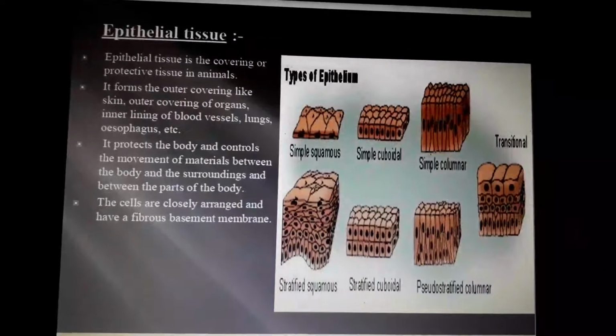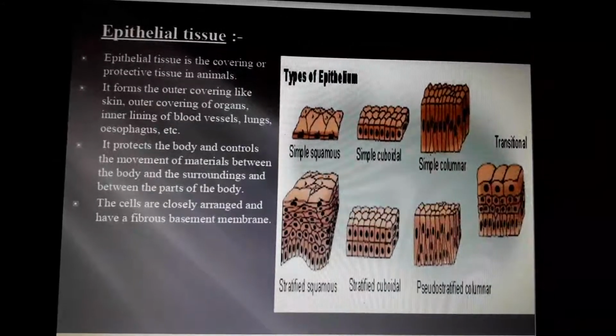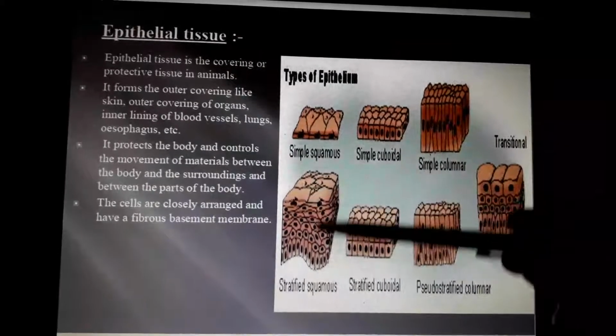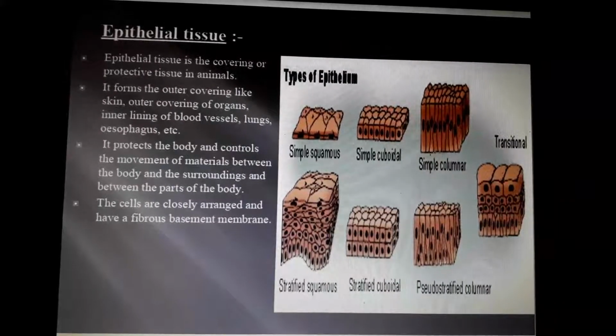Simple squamous is present in our mouth, blood vessels, esophagus, lungs, etc. But the skin which we have on our body, that particular skin tissue is stratified squamous. That's why the strength is there for our skin. It is easy to scratch our mouth lining, but not our skin.